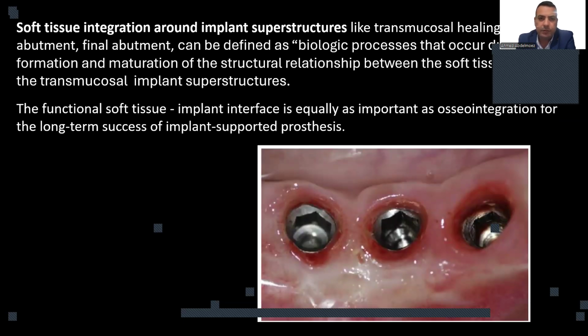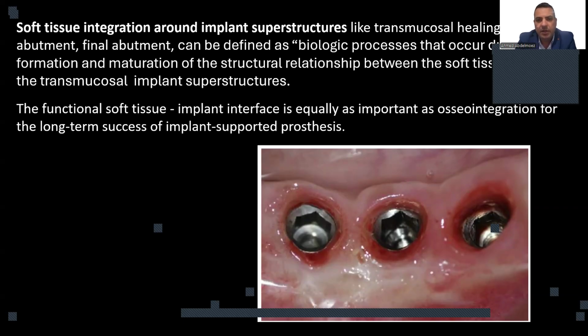Soft tissue integration around implant superstructures, like the transmucosal healing abutment and the final abutment, can be defined as the biological process that occurs during the formation and maturation of the structural relationship between the soft tissue and the transmucosal implant superstructure.